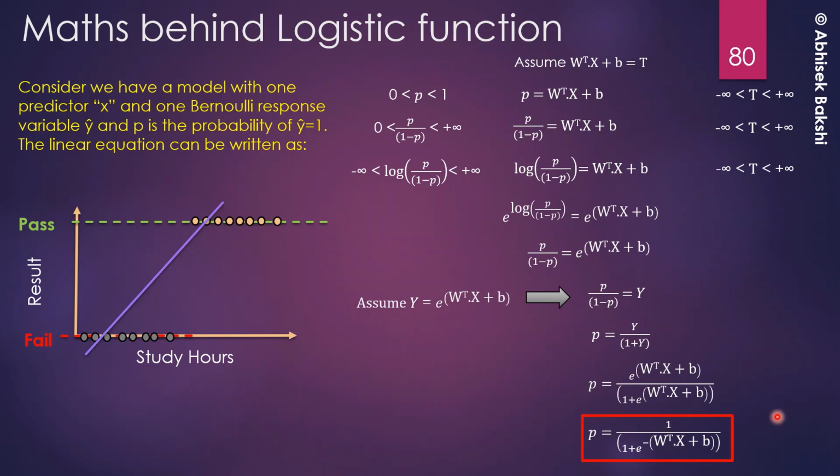Now I hope you can understand why exactly I arrived at the logistic function in my previous slide. And that is the reason why we have this particular type of function used in logistic regression.